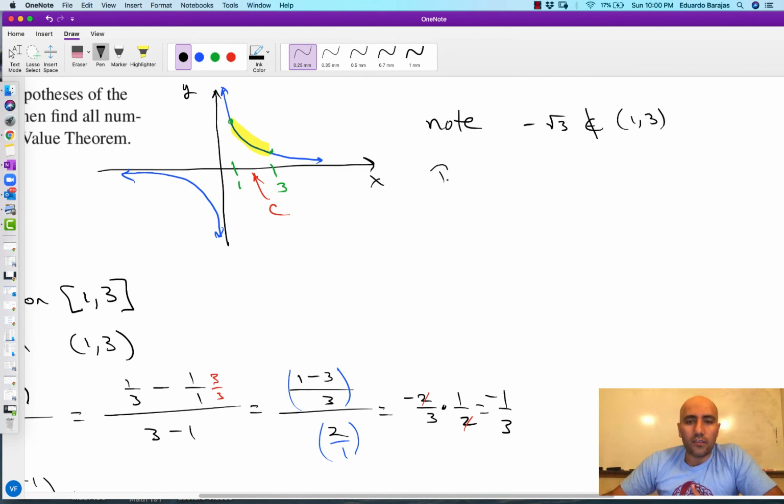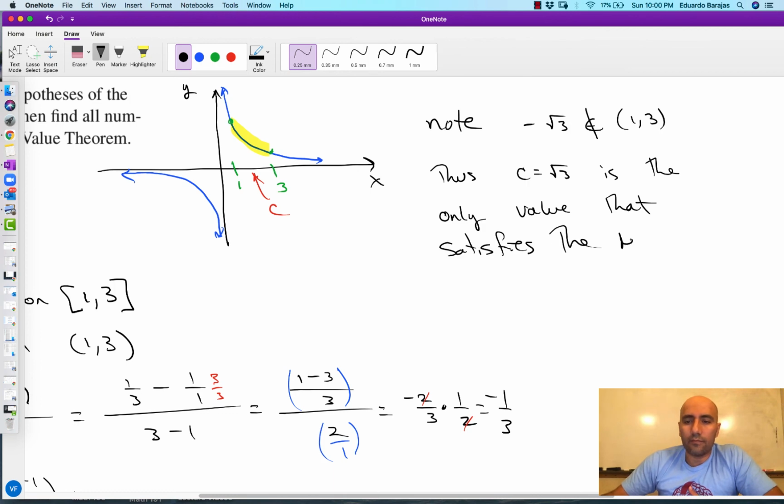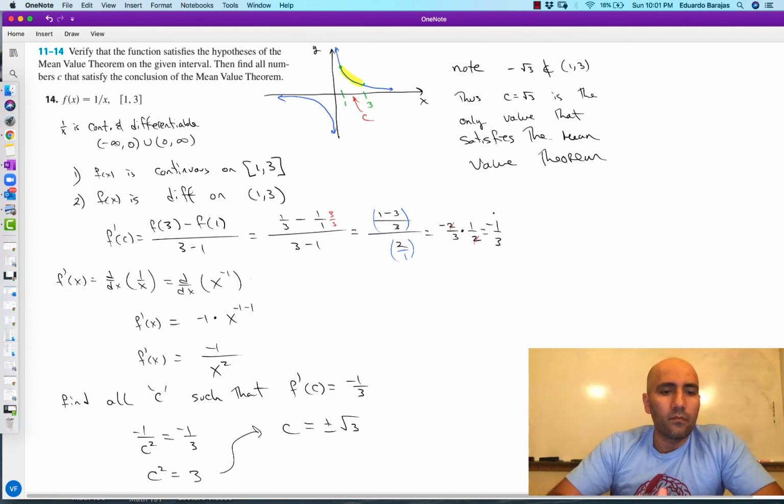So thus, c equal to positive root 3 is the only value that satisfies the mean value theorem.